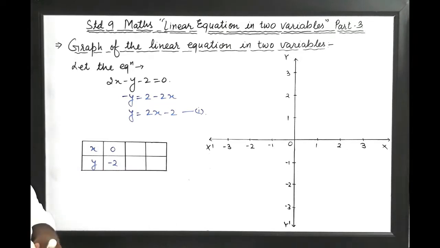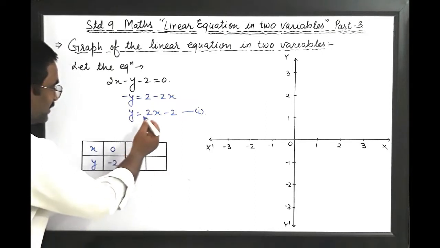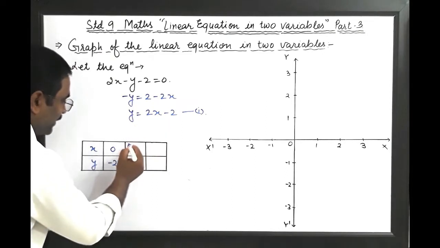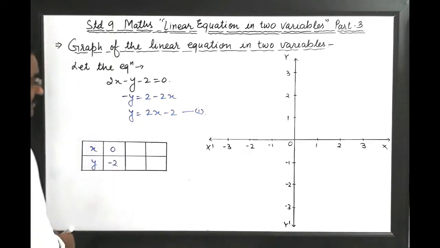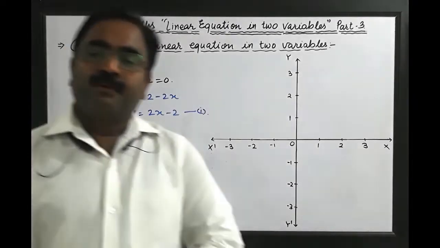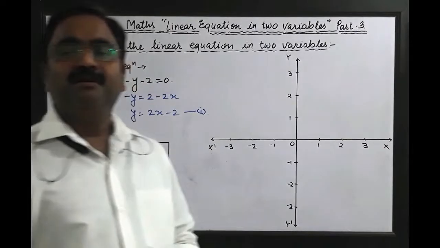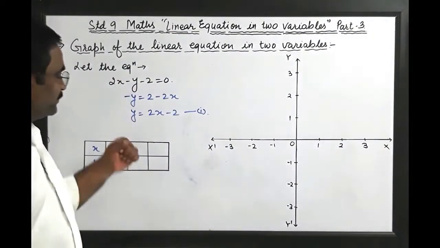Okay children, good. Now substitute x is equals to minus 1. When you substitute x is equals to minus 1, okay bachcho, now let us take the second ordered pair of this equation.